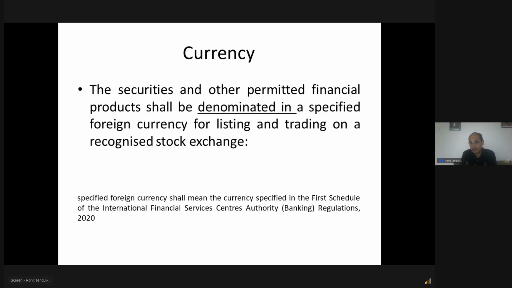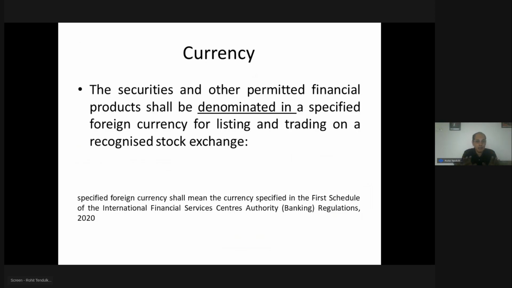There are 15 currencies that are presently available, and the securities and financial products must be denominated in those currencies only, not in Indian rupees. Denominated in specified foreign currency for listing and trading on a recognized stock exchange. So the listing will be in foreign currency and the trading also will be in that currency only.